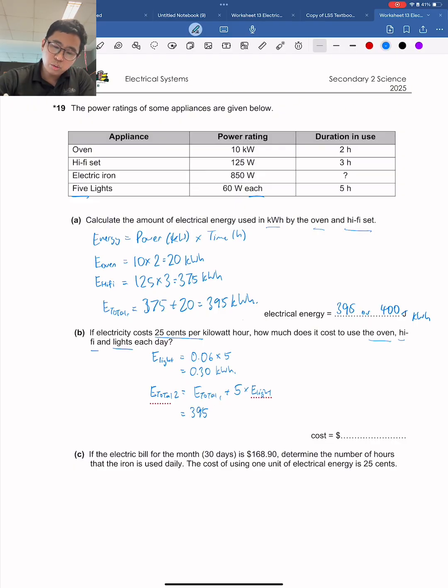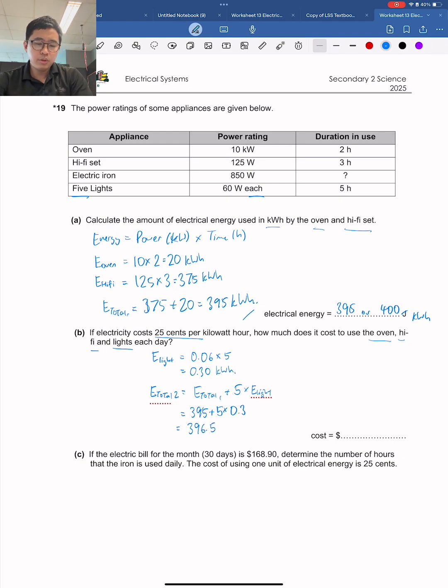So we always go back to this value, the one before we have changed it, we have simplified it, right? And we plus 5 times 0.3, right? Which is equal to 396.5.